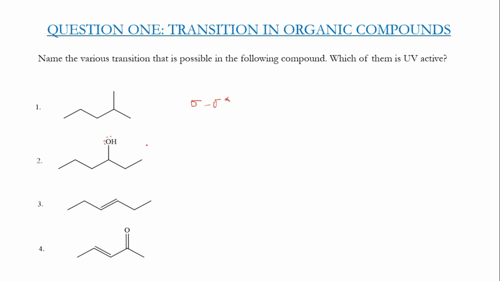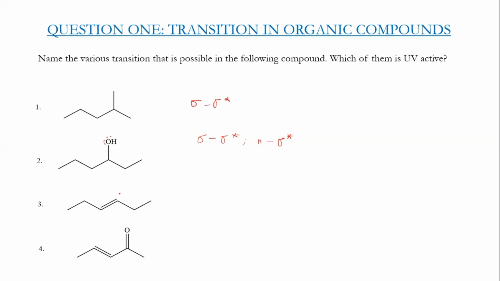And of course we also have sigma bond. So we can have sigma to sigma antibonding, or we can have n to sigma antibonding. So those are the types of transitions that we can have.